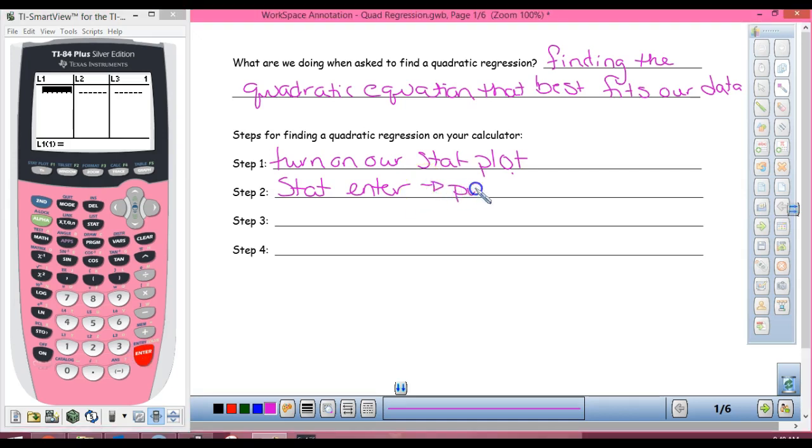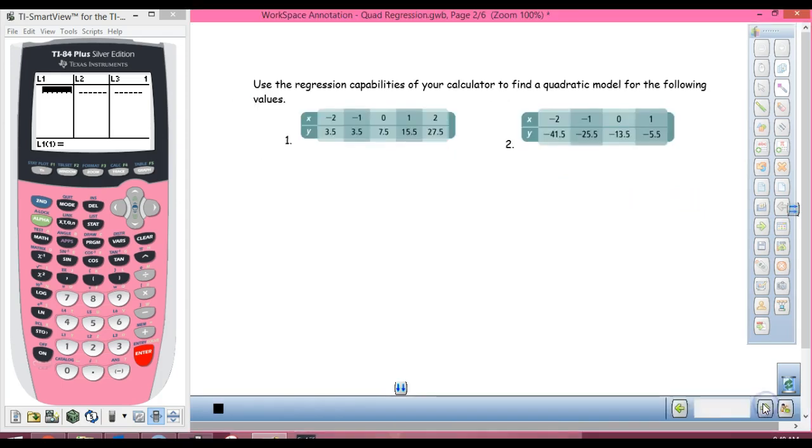Okay, and we're going to put our data in L1 and L2. If you look at that first problem, our x's are going to go in L1.